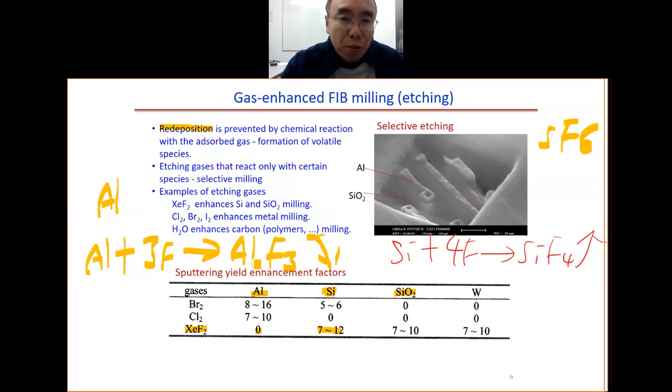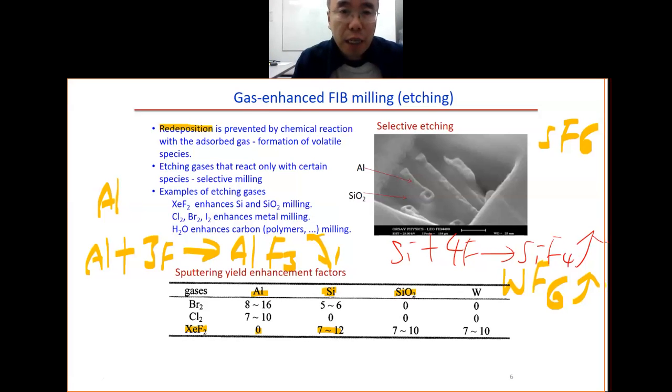Even though you have the chemical reaction on the surface, this material will stay on the surface, so there is no help. To enhance the etching of aluminum, we can use bromine or chlorine gas. For tungsten, fluorine gas will help the etching by forming WF6, which is also volatile.